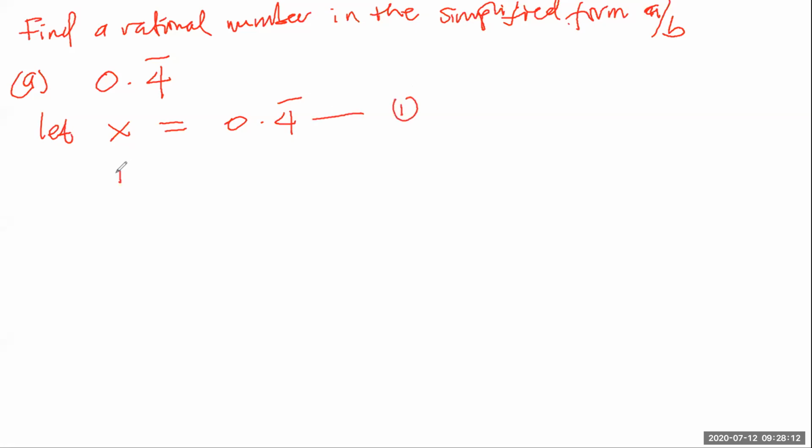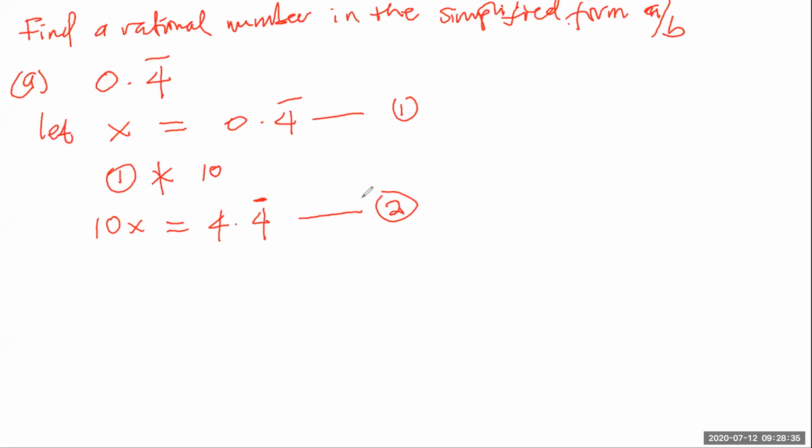We are going to multiply equation number 1 by 10. And if we do that, we're going to have 10x being equal to what? If you multiply this by 10, this will give us 4.4, and the 4 still repeats right there. And this is our equation number 2.